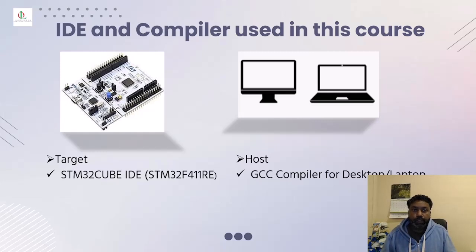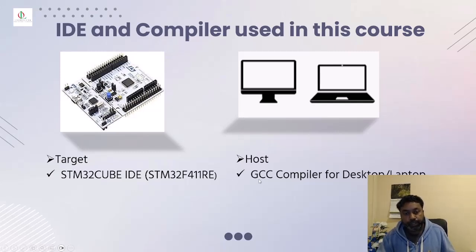So what are the IDE and the compiler used in this course? We have a target and a host, as we call in every programming, every IDE. The target here is the STM32Cube IDE, and the board that we're going to use is the STM32F411RE, and the host is where the IDE lives, where it sits.